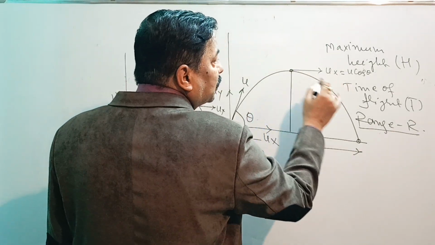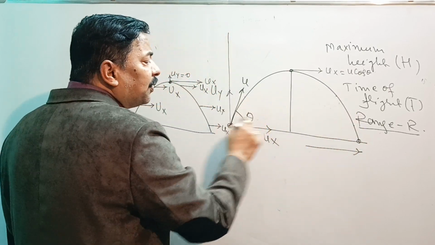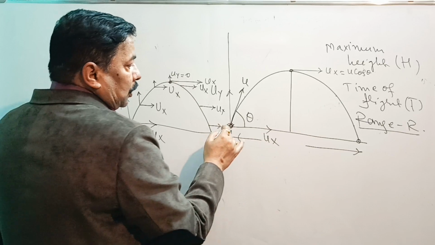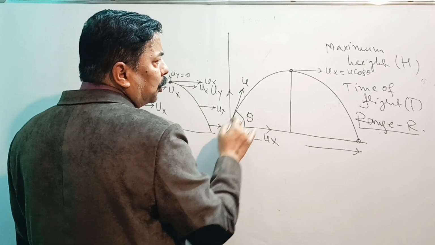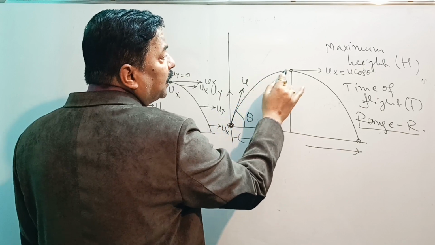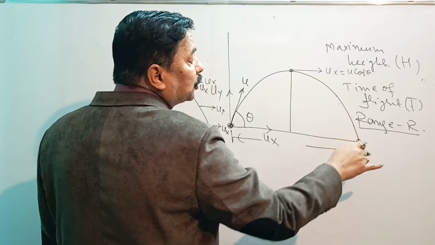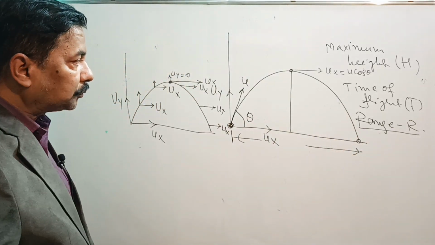Here also it is u cos theta, here also u cos theta. This is the constant. During the upward motion, the vertical component goes on decreasing. Here it becomes 0, and finally during the downward motion it goes on increasing.